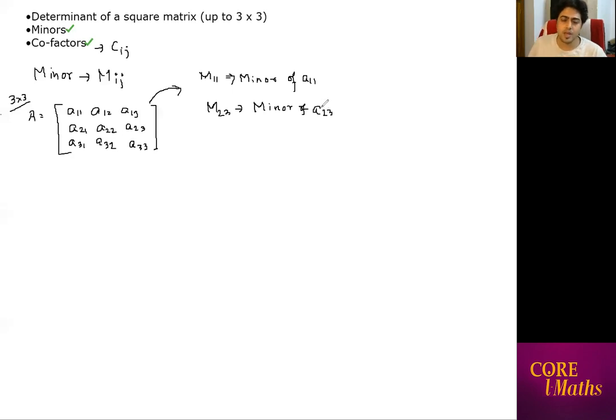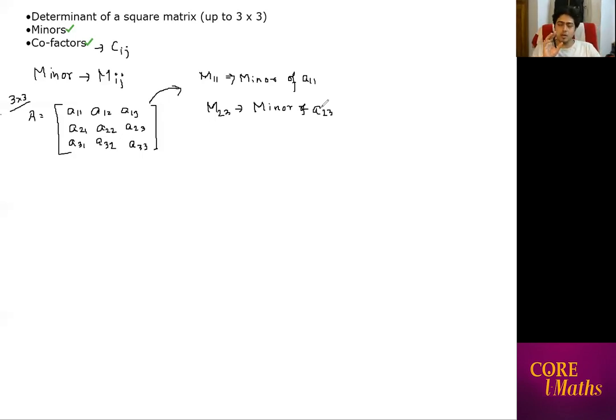So for a square matrix, every element has its own minor value, and the minor value is a determinant of a smaller order: 2x2 here, or 3x3 for higher cases. Suppose we have a square matrix of 4 cross 4 order.